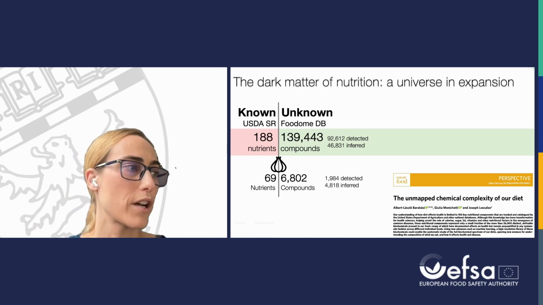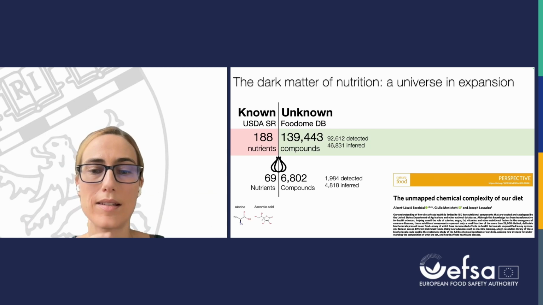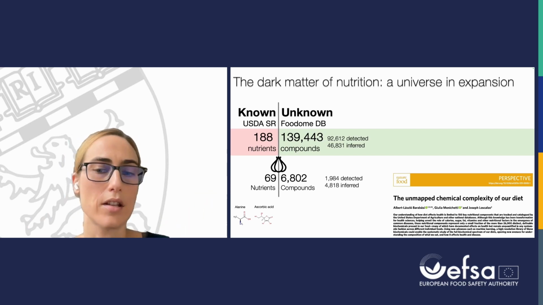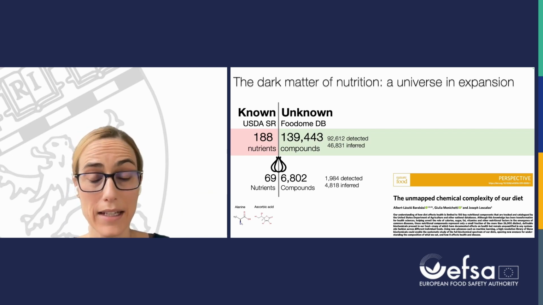Let me give you an example for garlic. The 69 nutrients currently documented by the USDA SR Legacy database, one of our national databases, include vitamins such as ascorbic acid and essential amino acids like alanine.